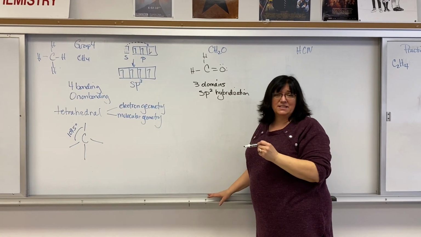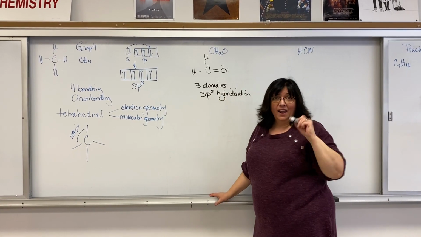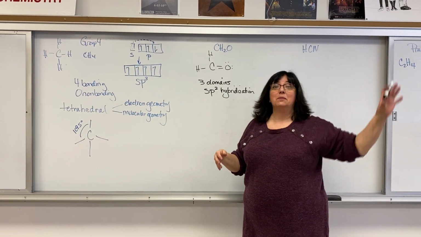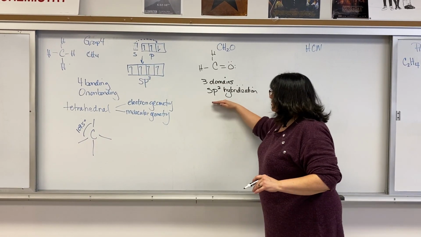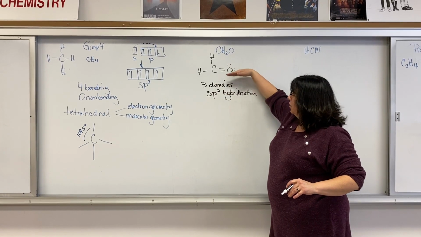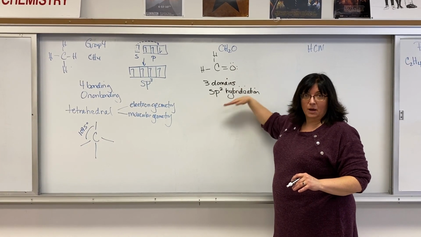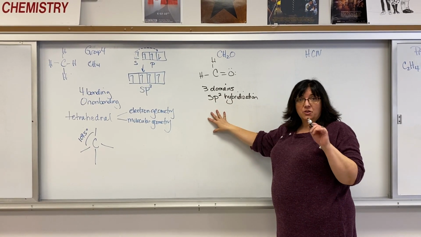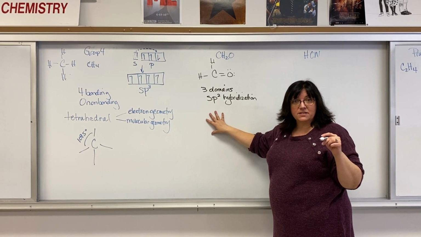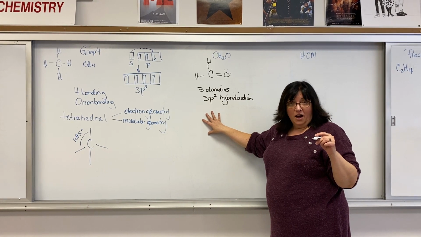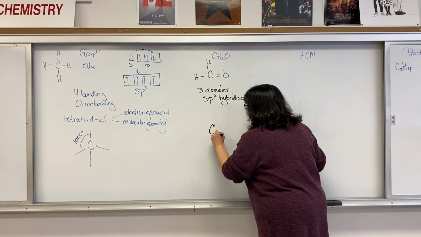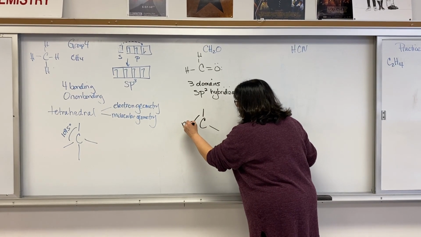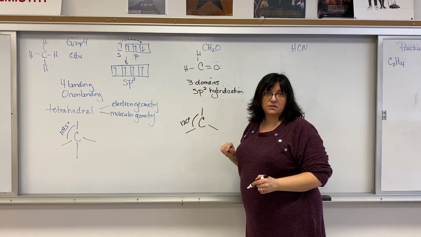We're not going to get into details about why one of those double bonds isn't involved in hybridization. That's an AP question. But just know that if I go down to 3 domains with that double bond, it's sp2 hybridization. And so 3 things around a central atom, what's that angle going to be? 120 degrees. So carbon is going to have a 120 degree angle around it.